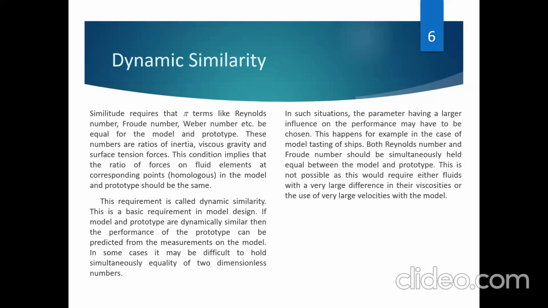So this happens, for example, in the case of model testing of ship. Both Reynolds number and Prandtl number should be simultaneously held equal between the model and prototype. So this is not possible as this would require either fluids with a very large difference in their viscosity or the use of very large velocities with the model.